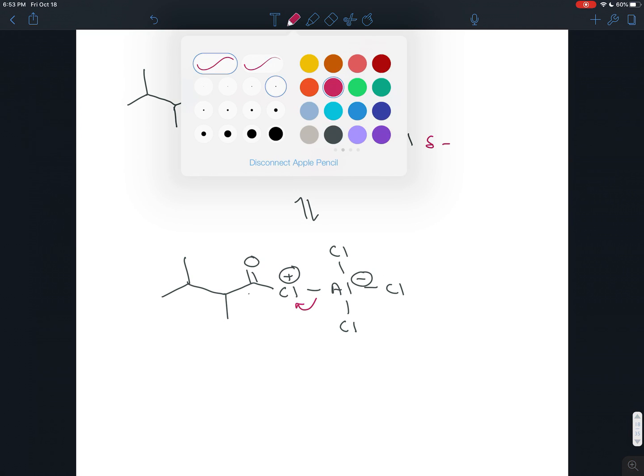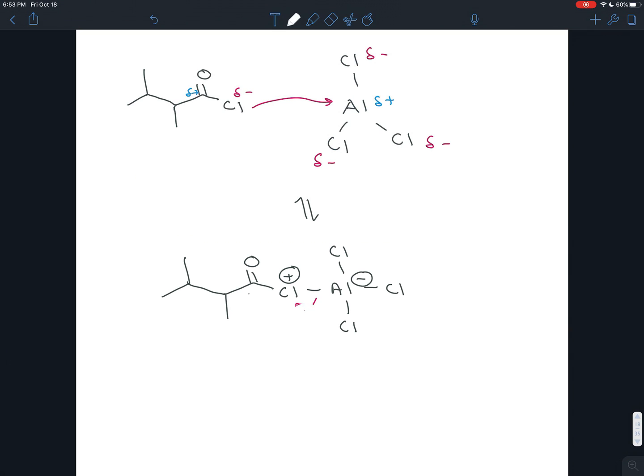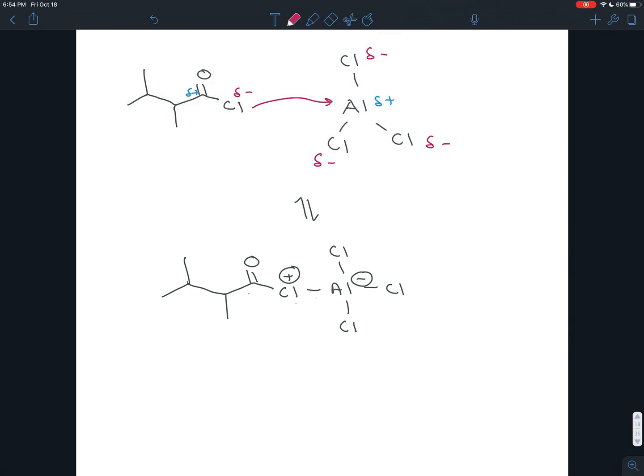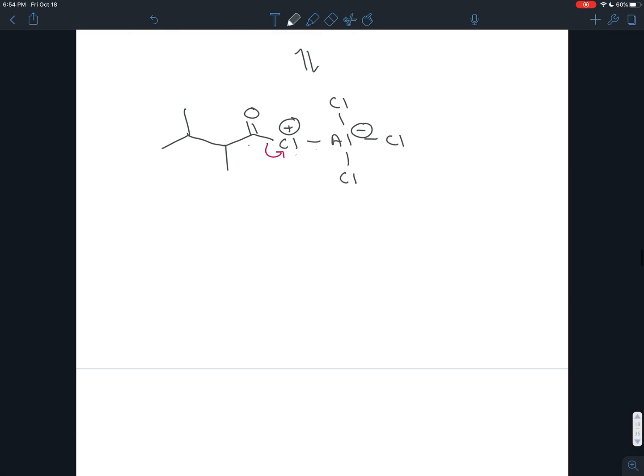That's one way, but there is another way that this can crumble apart, and that is if the electrons on the other side of the chlorine go onto it. So in that case, you end up with two intermediates.